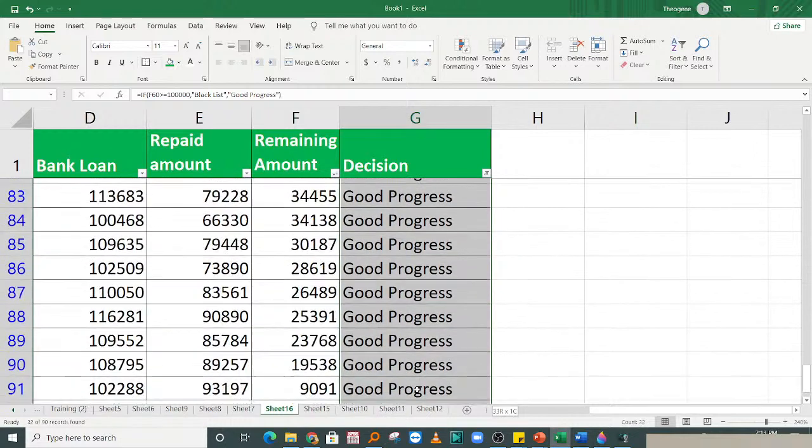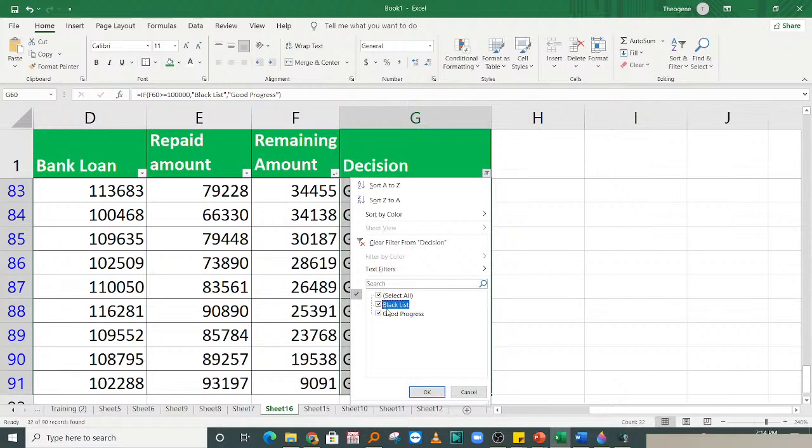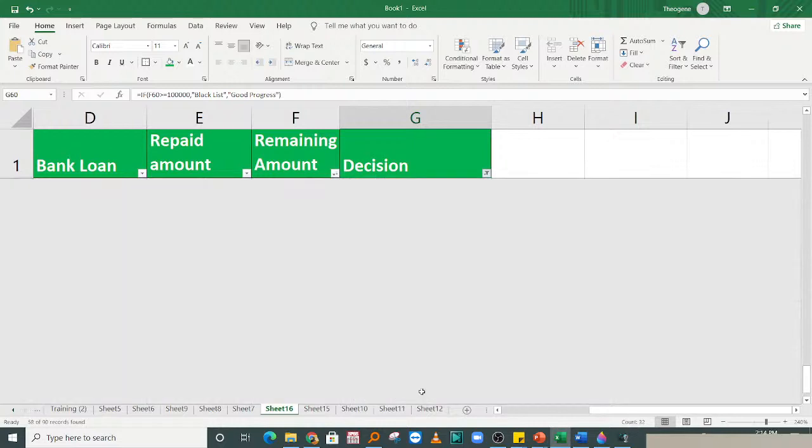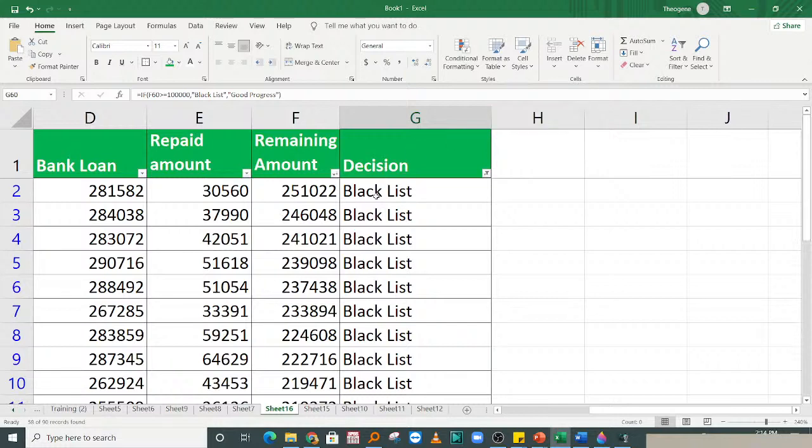After selecting, we have 32. You look at this status bar, we find the count to be 32 people who are in good progress. That means around 58 people need to be blacklisted because they still have a huge amount to be repaid, more than 100,000. Okay, you see, this is the blacklist.